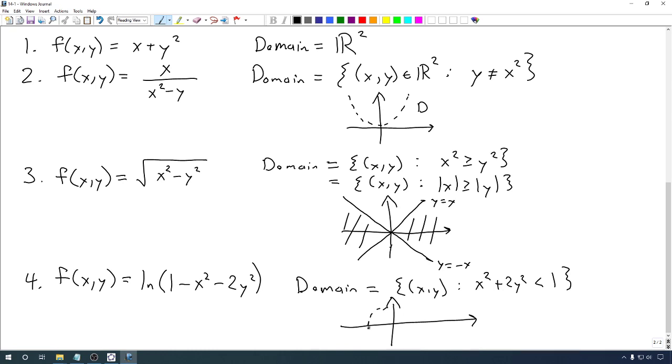Here, we just have a dashed oval, and since it has to be less than, it turns out to be the inside of the ellipse. This is our domain. That one takes a little bit more thought to figure out exactly what's going on, but it turns out that it's not too bad of an example.